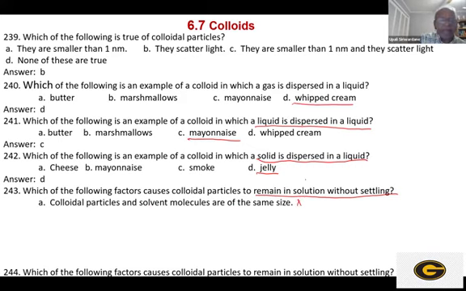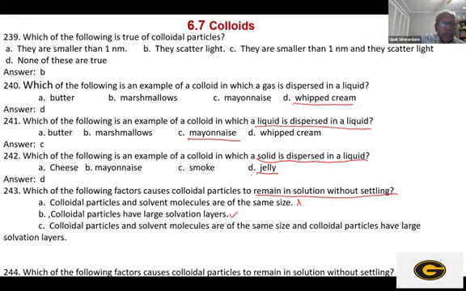That's not the answer. Particle size has nothing to do with getting dispersed. Colloid particles have a large solution layer. That's true, but with the 'and' statement, true plus false makes it false.